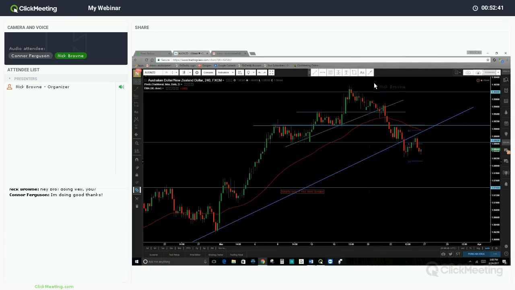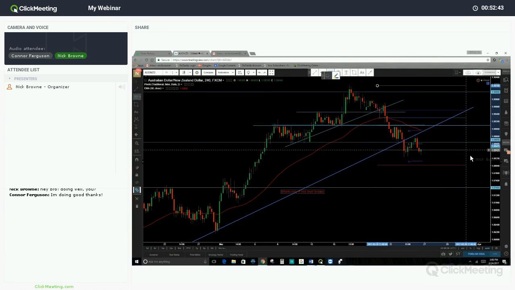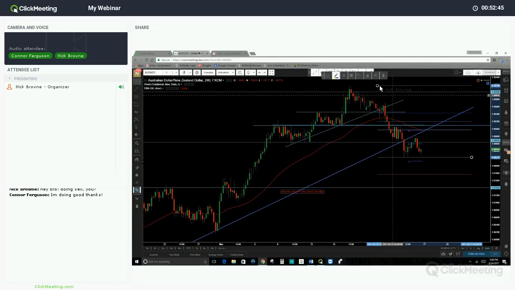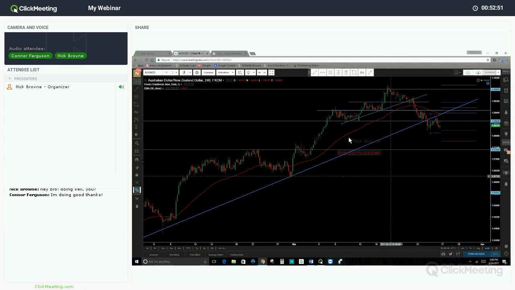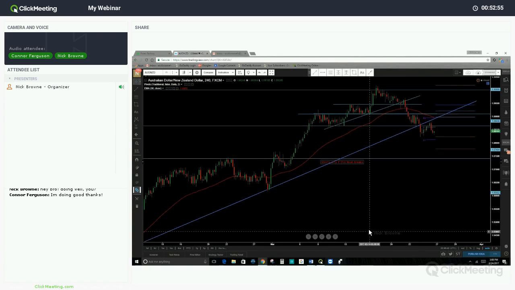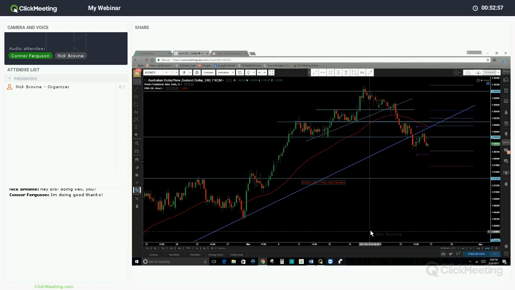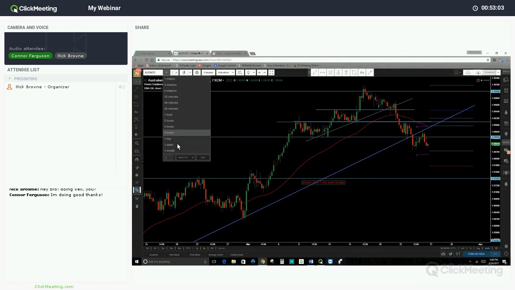So I like this for a potential short for the beginning of the week, and then a potential long position once we come down to test the daily. So I like Aussie Kiwi. All these Aussie pairs are looking pretty good.